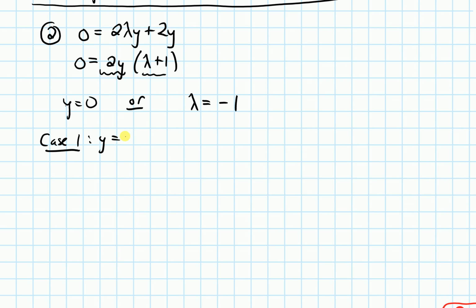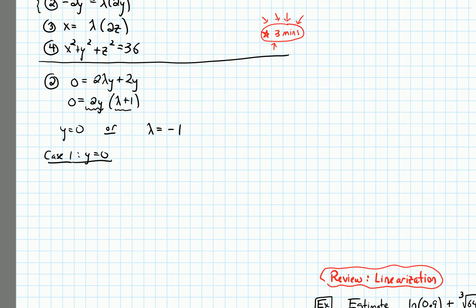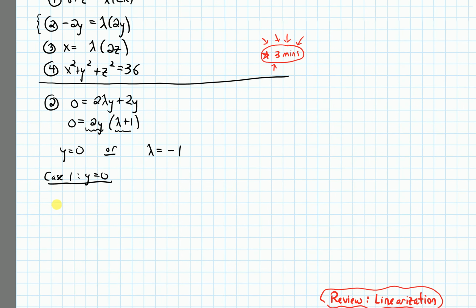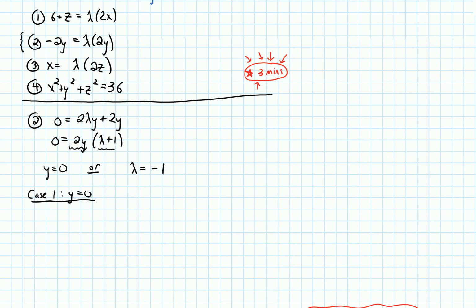Okay, so I have to consider two cases. First case, I'm going to say y equals 0. Let's consider that case. In this case, I'm going to plug this value into these equations to simplify them. But with the first equation, there's no y in it, so I can't plug in 0.